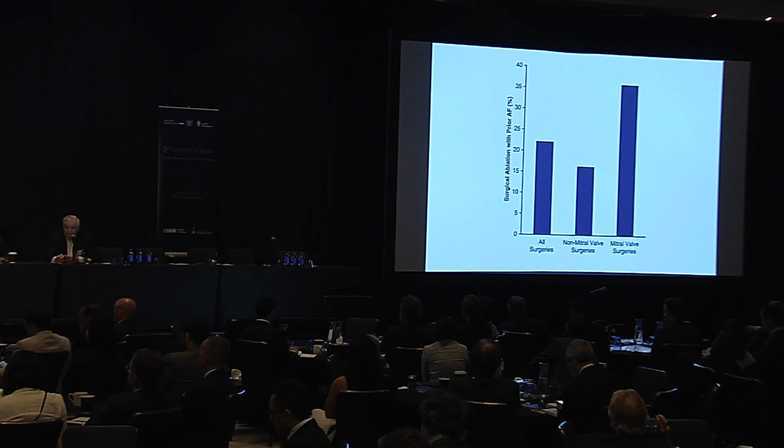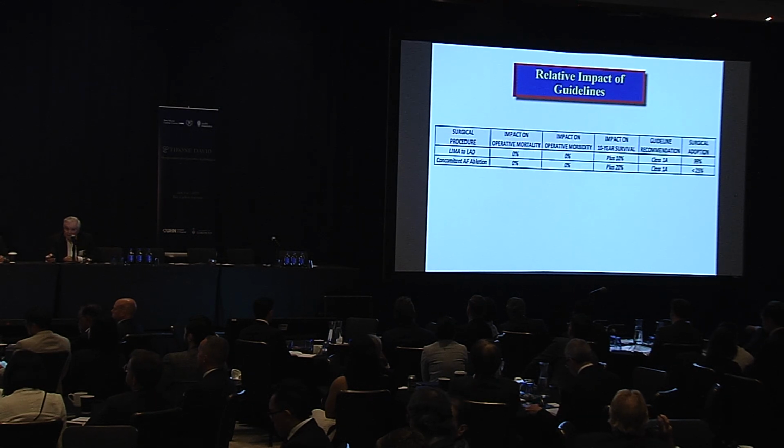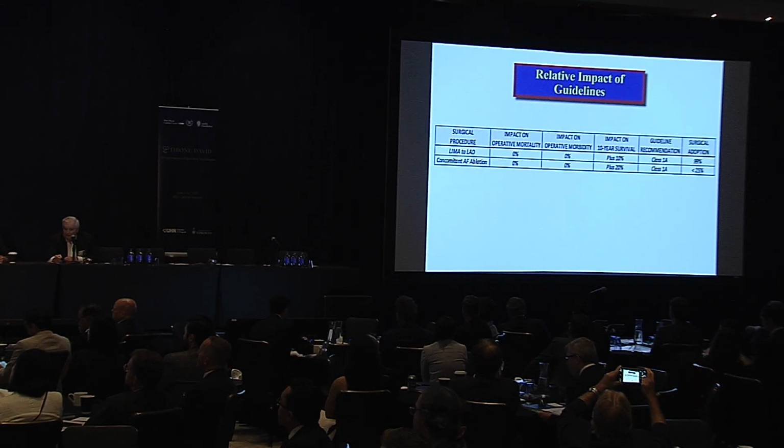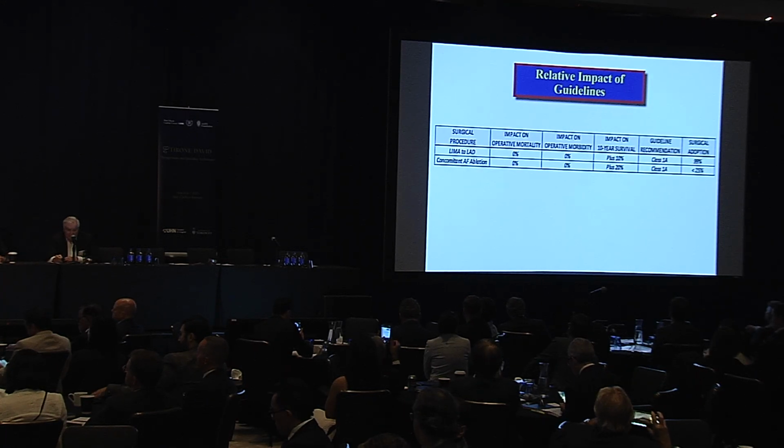It's less for coronary and aortic valve patients, and more for mitral valve patients. But overall, it's less than 25%. It brings up the problem that I think is the biggest problem we have in the whole field today. And I mentioned this morning.